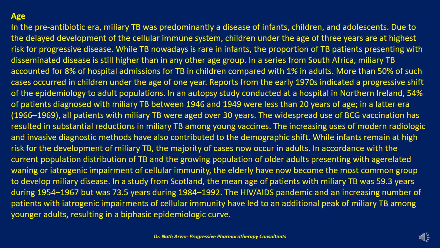In an autopsy study conducted at a hospital in Northern Ireland, 54% of patients diagnosed with miliary TB between 1946 and 1949 were less than 20 years of age. In a later era, that is 1966 till 1969, all patients with miliary TB were aged over 30 years.